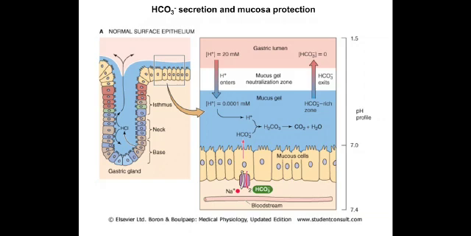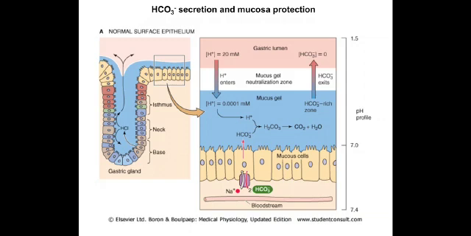So we have two types of mucus, visible mucus and soluble, viscid mucus. And the third thing is the mucosal bicarbonate barrier. You can see the mucus gel with its neutralized zone, and how hydrogen enters and bicarbonate exits. This is very important for preventing damage.